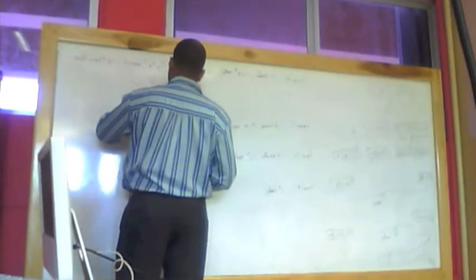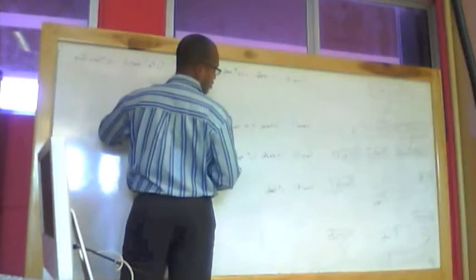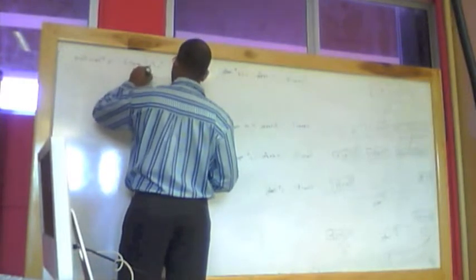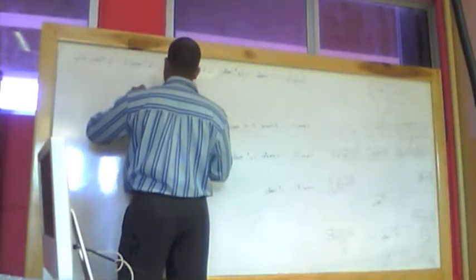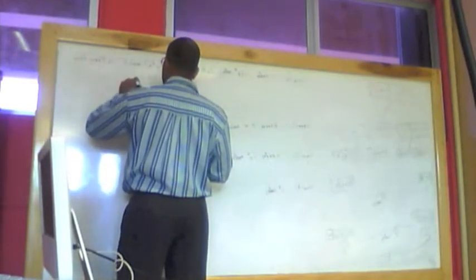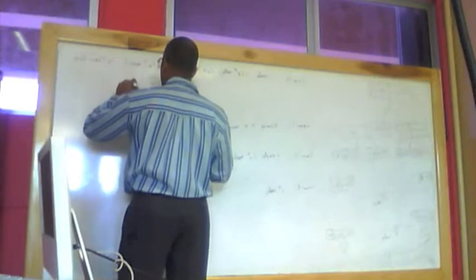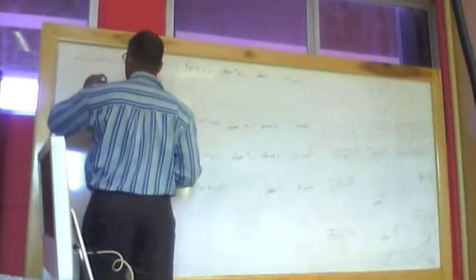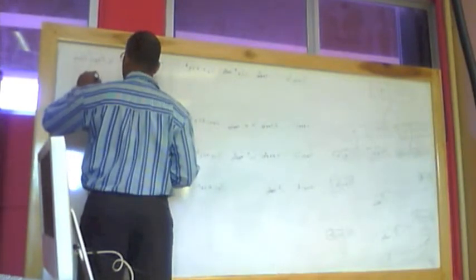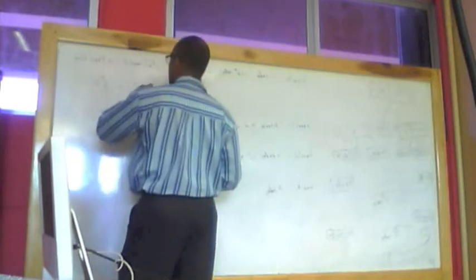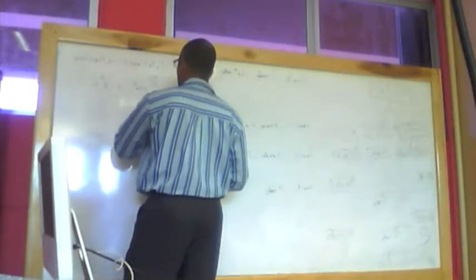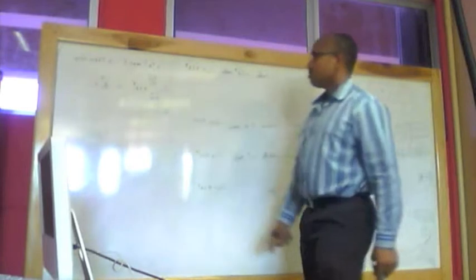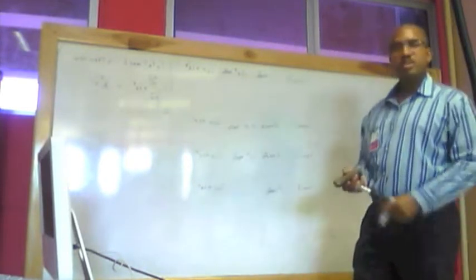Summation from k equals 0 to n minus 1 of 4 times 2 to the k, plus 2 to the n times 1. And what kind of series is that?